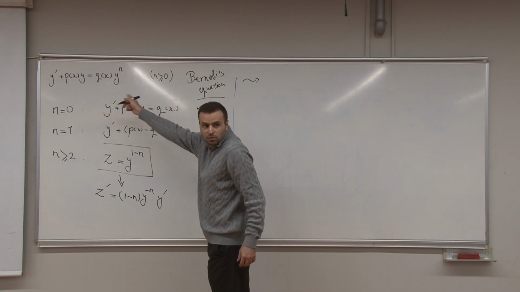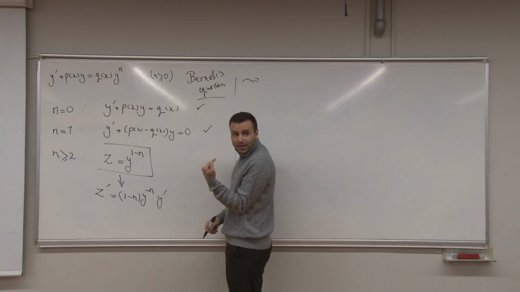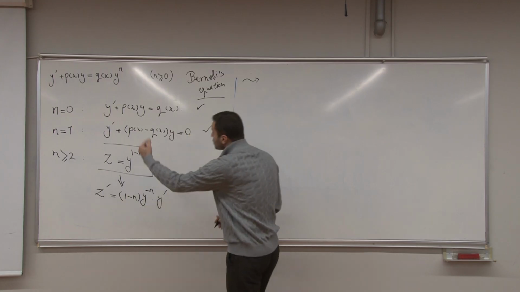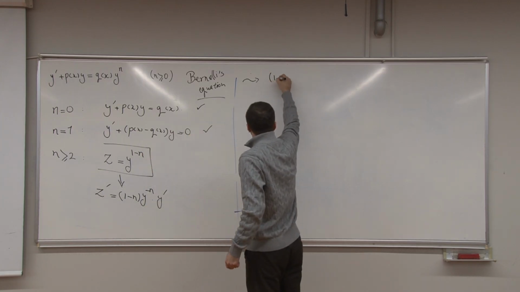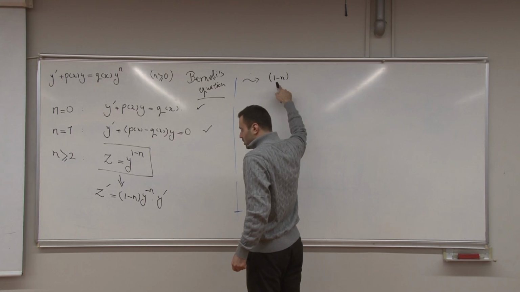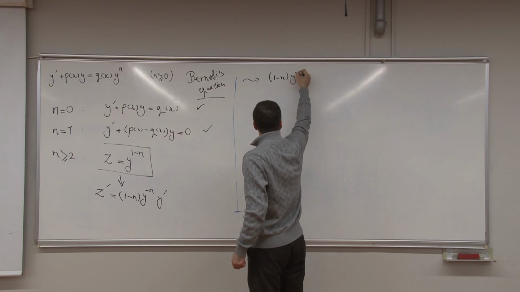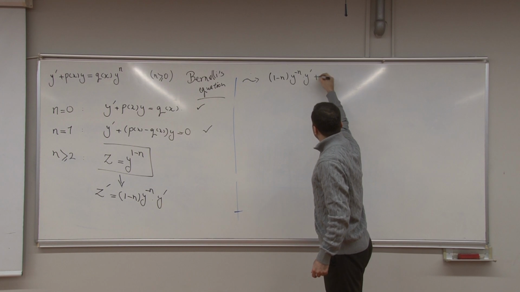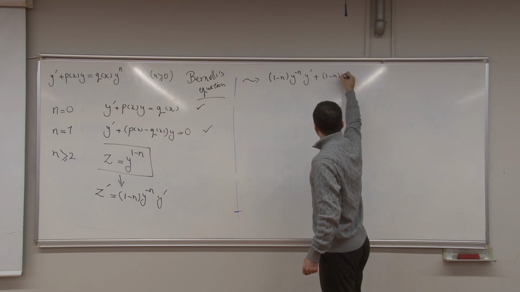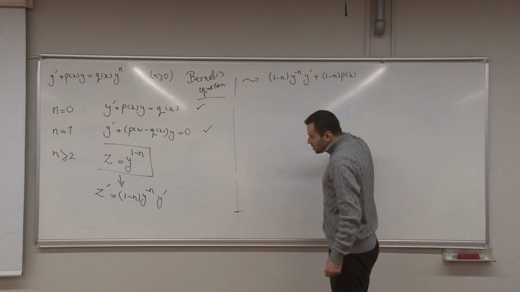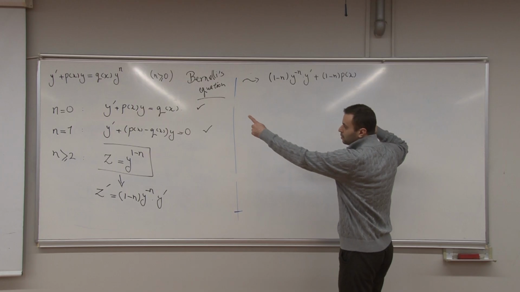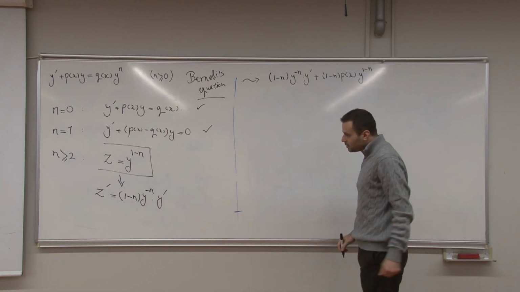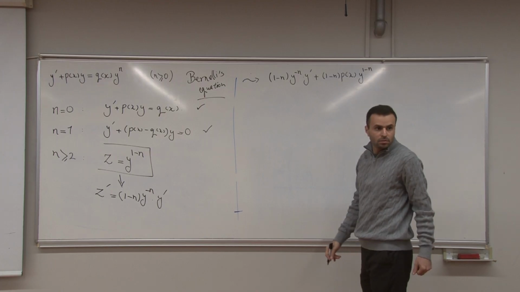This equation, take it and multiply it with this expression. So what are we going to get? 1 minus n times y to the power of minus n, y prime, plus 1 minus n, p(x), y to the power of 1 minus n, right?